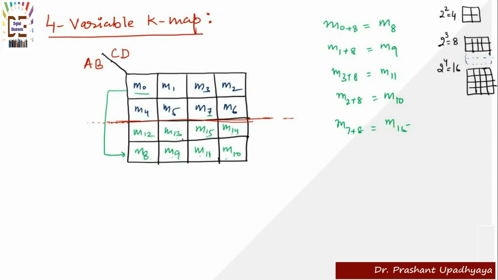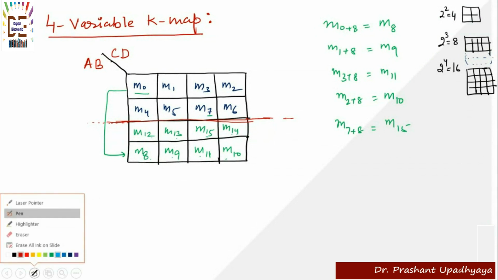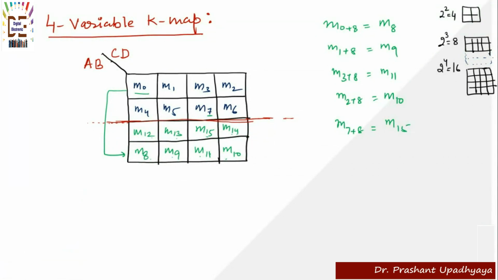Again, the numbering will be the same. If you want to do the numbering with this nomenclature, let me take a different color, let's say yellow. It will be C bar D bar, C bar D, C D, and C D bar. And this will be your A bar B bar, A bar B, and now you are reflecting this, so this will be A B, and this will be A B bar.